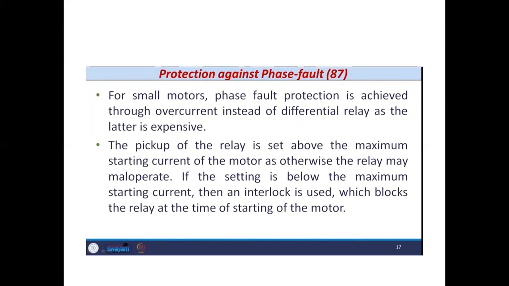So if it is not possible to reduce the setting of the overcurrent relay below the starting current of the induction motor, then a certain type of interlocking needs to be provided.